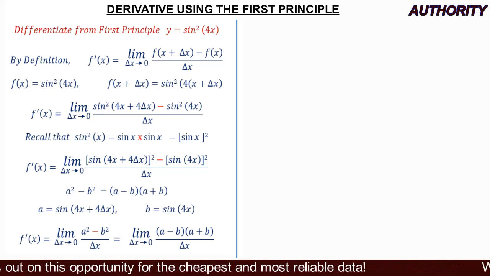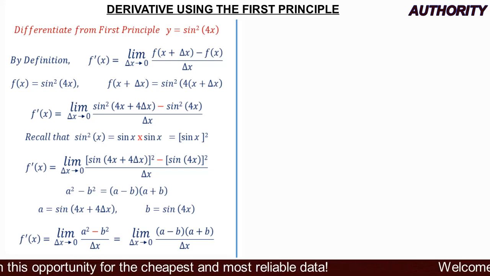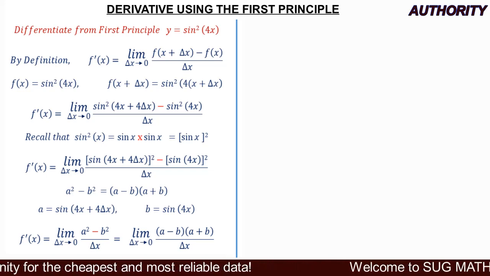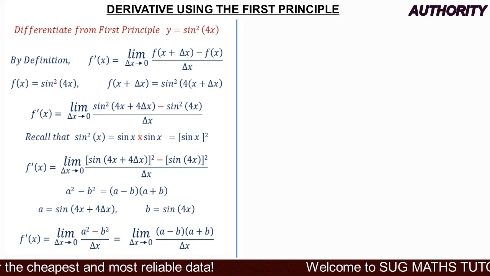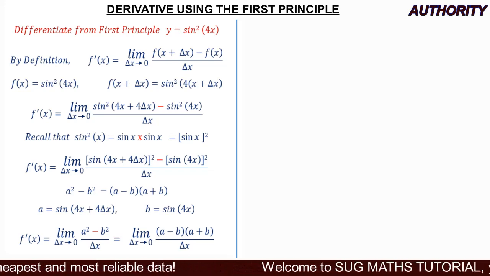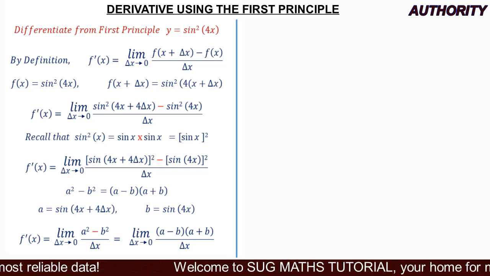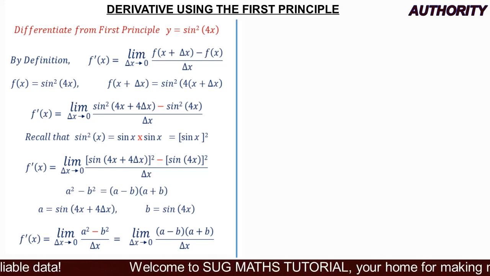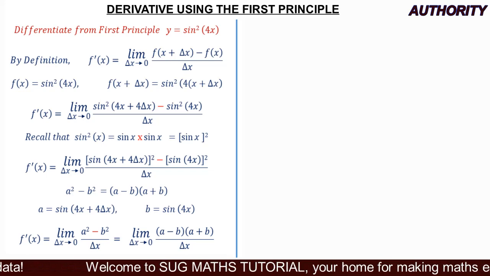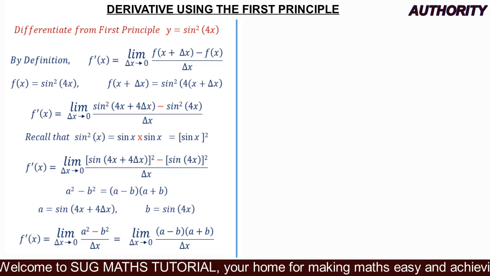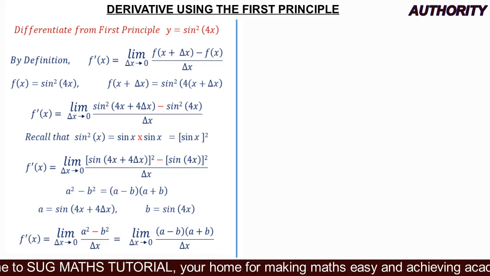If we replace them with the letters a and b, look at how the expression is going to look. We are going to have f prime of x is equal to the limit as change in x approaches 0 of a squared minus b squared all over change in x.